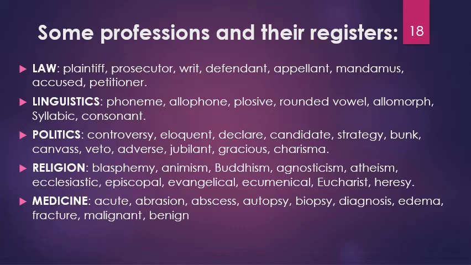In religion, you can hear of issues such as blasphemy, Buddhism, atheism, evangelical, Islam, Christianity, among others. All these are words or terms used in the religious register. These are the dominant words used as a particular register.